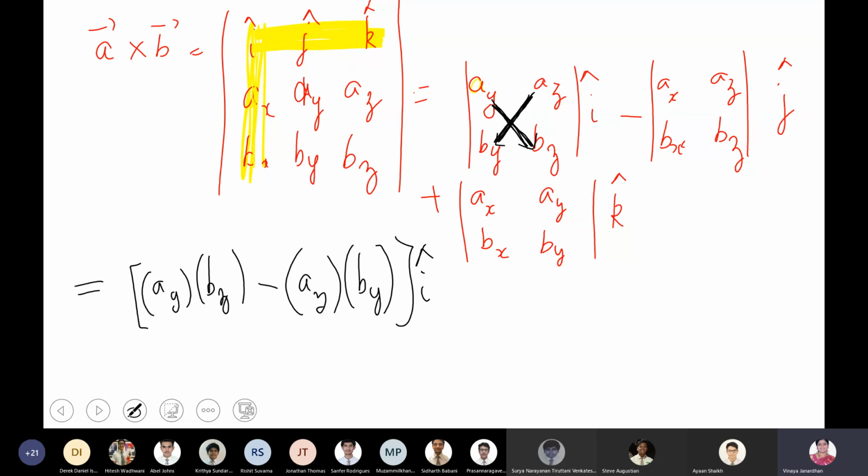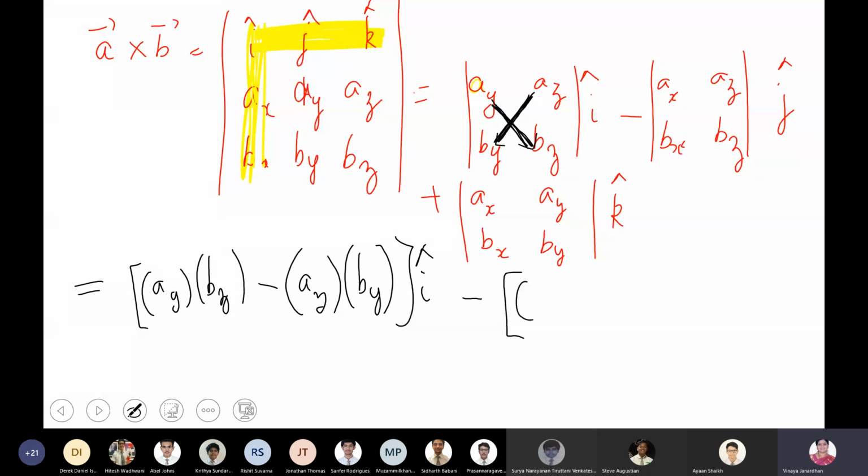When we are doing numericals, you'll find it better. So AY, BZ, is that clear, boys? First, I'm going for the left arrow, the arrow which is moving from AY to BZ. So AY into BZ minus AZ into BY. Next, I have to go for J cap, with a minus.